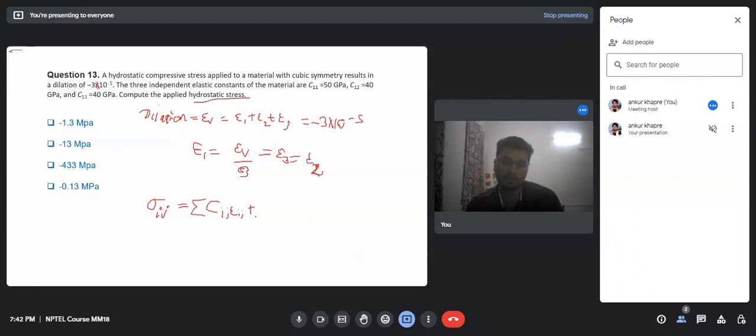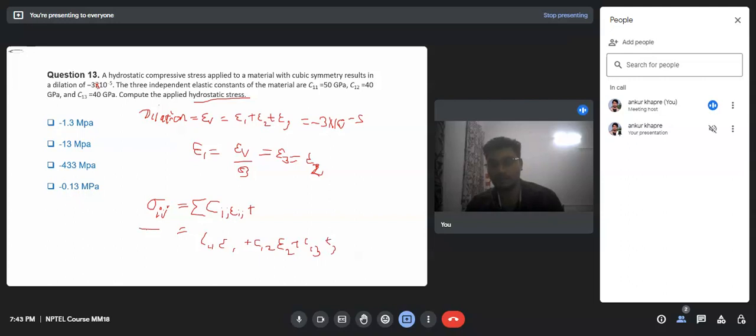Okay, so here we have three values: C11 epsilon 1, C12 epsilon 2, C13 epsilon 3.